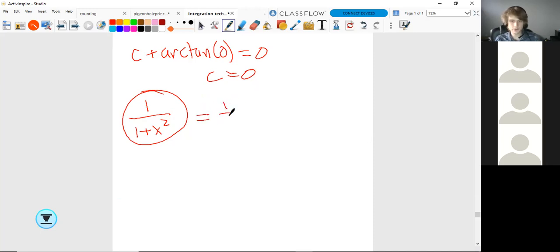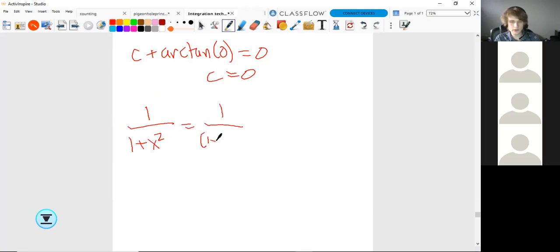Let's just do the partial fraction decomposition. So 1 over 1 plus x squared is equal to 1 over 1 plus ix times 1 minus ix. So this is a complex analysis proof that we're going to do, but this was one of my favorite moments in my complex analysis class.